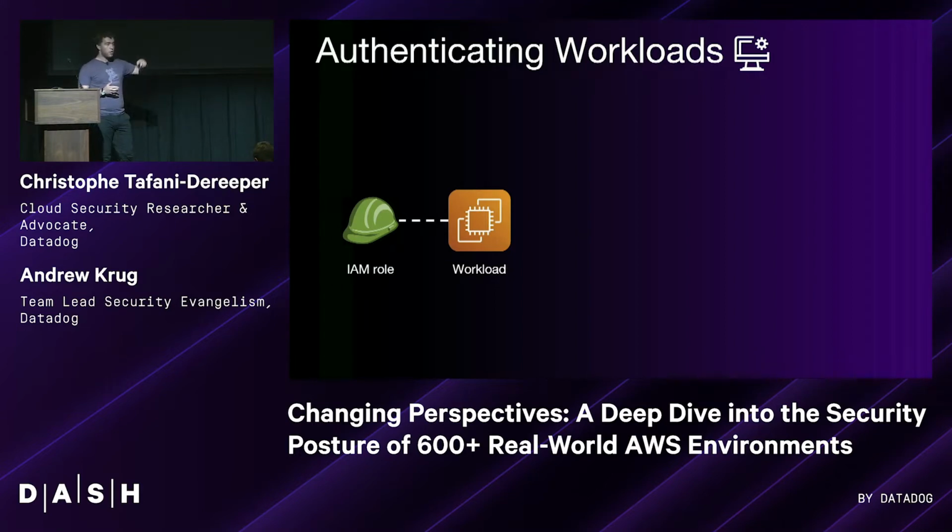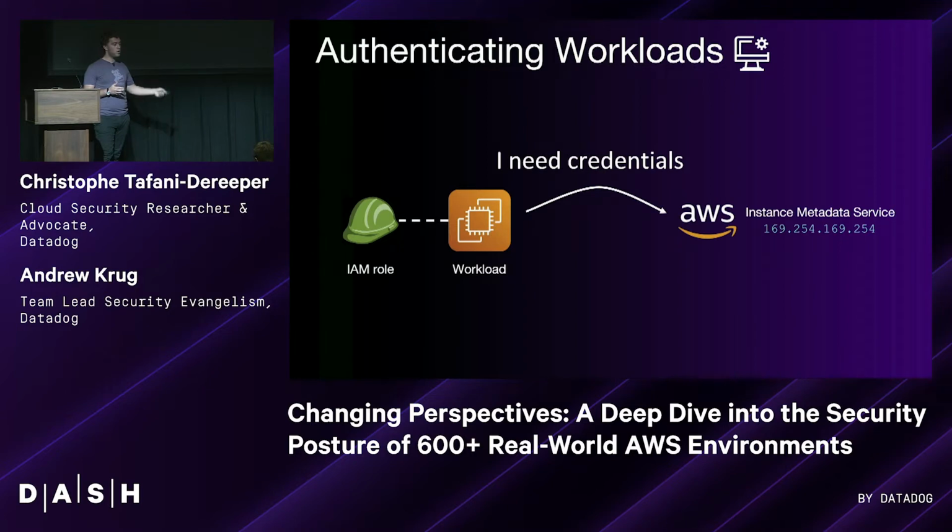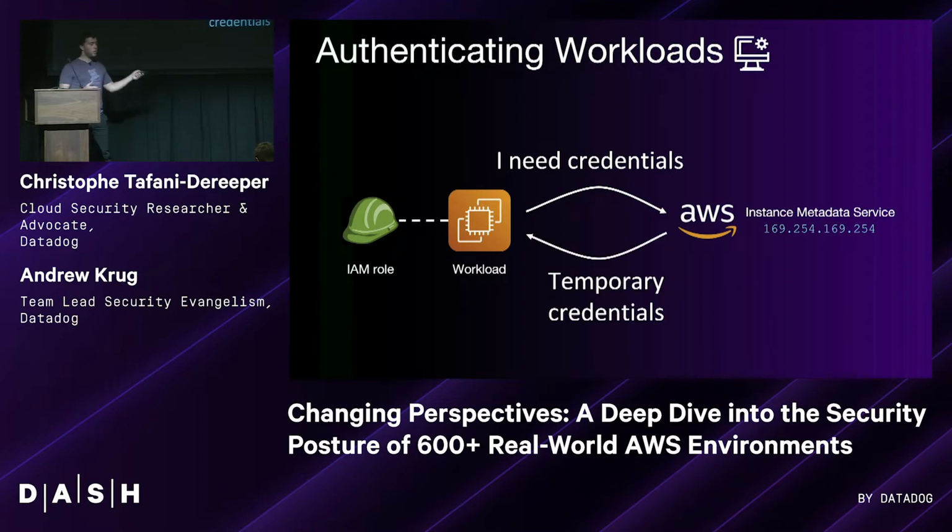Then what runs on the workload is going to be able to call the instance metadata service, which runs on a fixed IP, 169.254.169.254, which is local. So only the workload on this machine or in this ECS task, etc., can query it. And it's going to reply with some temporary credentials that are bound to the role. Generally, this is transparent.